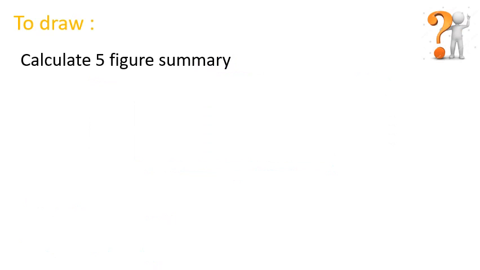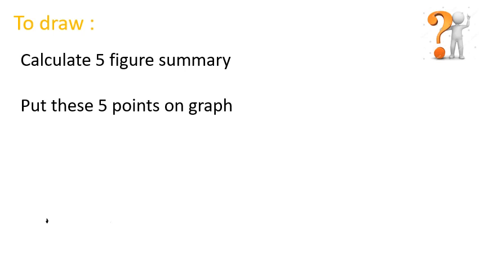These are the steps to draw a box plot. First, you need to calculate the five-figure summary, which I showed you how to do in the first lesson. Next, you need to put these 5 points on the graph. So wherever your minimum is, you're going to put that in there, and then Q1, the median, Q3, and the max.